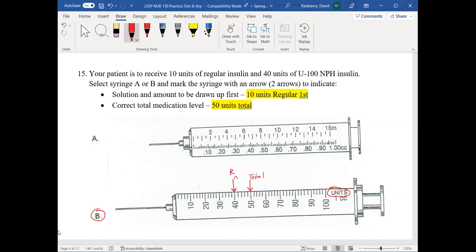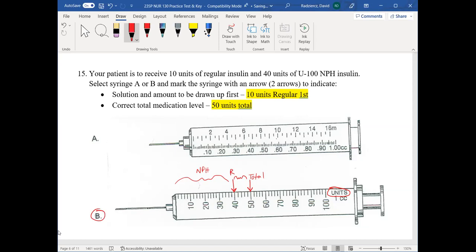So your regular insulin would exist in this domain between 40 and 50. Okay. In reality, that's not the case. And then your NPH would actually be the rest of this here. This would actually be your NPH.